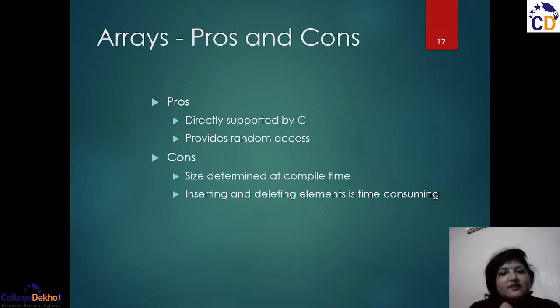Cons: the size is determined at compile time, so there may be wastage of memory, and in most cases we find wastage of memory rather than utilization of memory. Inserting and deleting elements is very time consuming.